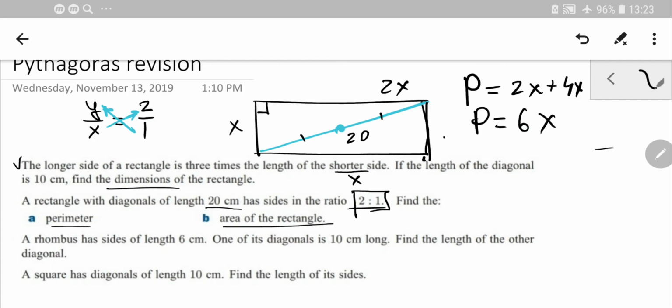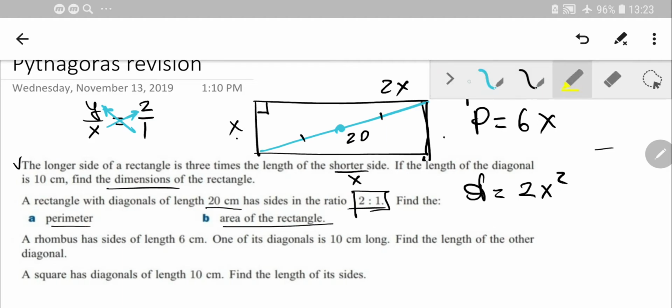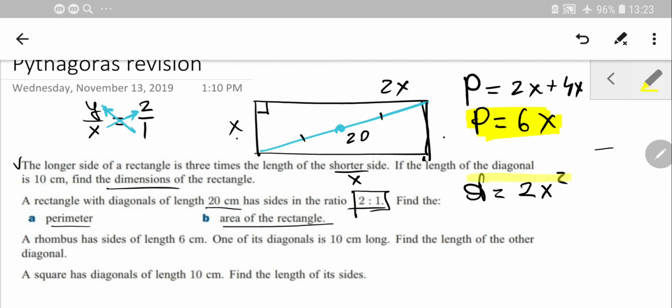Alright, so let's figure out the area. The area of the rectangle is one side multiplied by the other side. So we'll get 2x squared. Okay, so now we have the perimeter and the area, and what's left is just to find x. As in the previous task, we complete Pythagoras theorem, which is 20 squared equals x squared plus 2x squared.